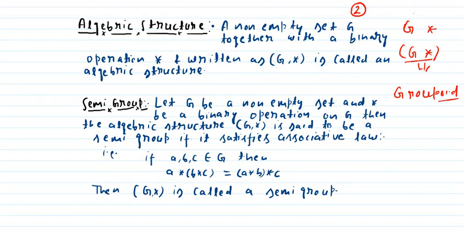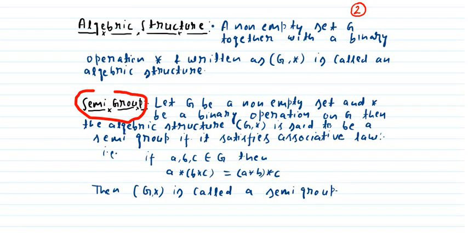Next we will define semigroup. We will use the same definition or the same words. Semigroup. Let G be a non-empty set and star be a binary operation on G. Then G is said to be a semigroup if it satisfies associative law.